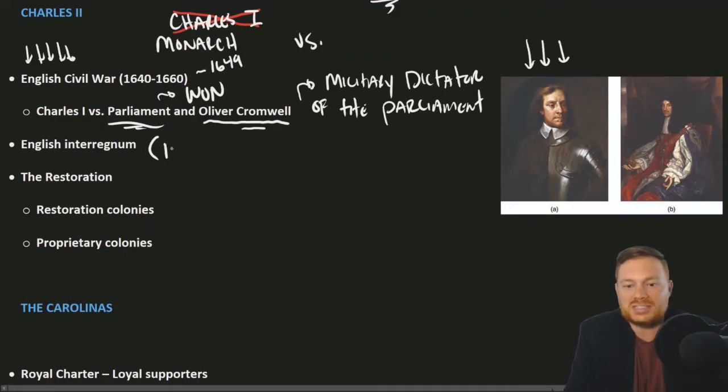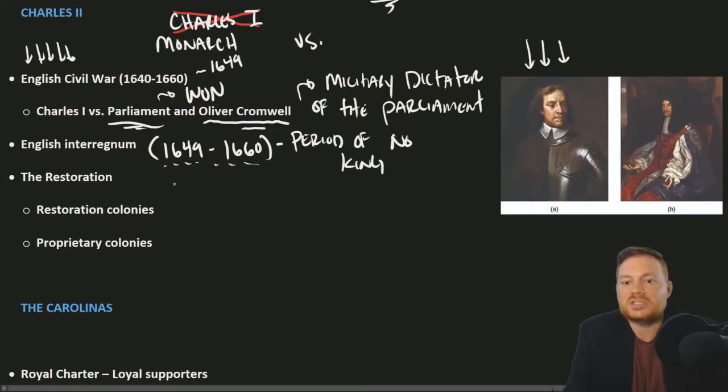So this is 1649 to 1660. The English Interregnum is the period of no king. And that was because during these years, it was Oliver Cromwell who ruled England as a military dictator.